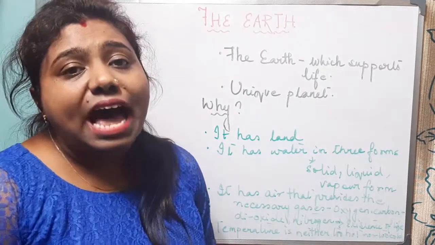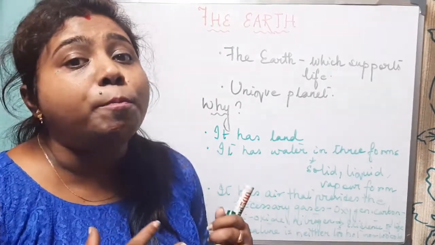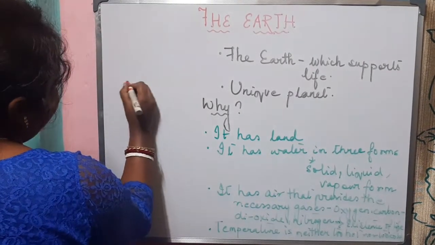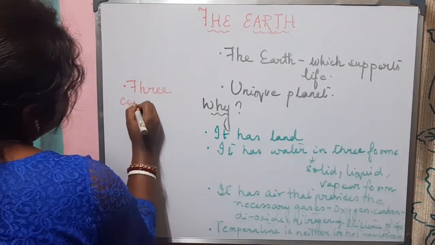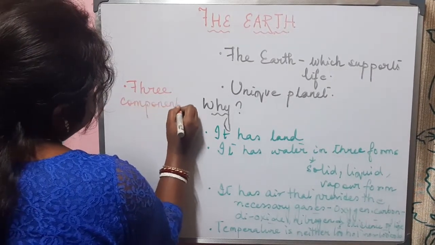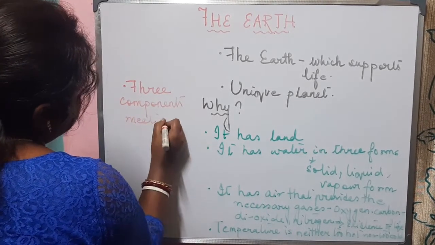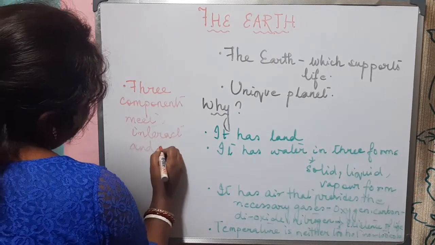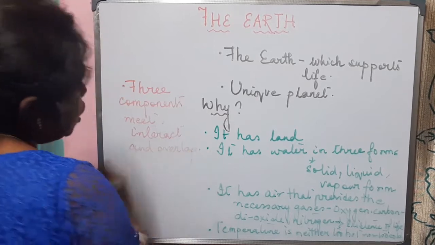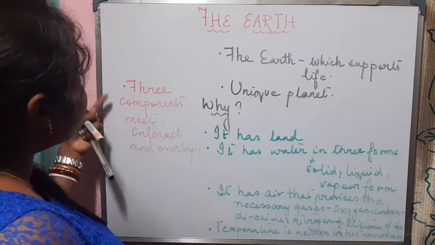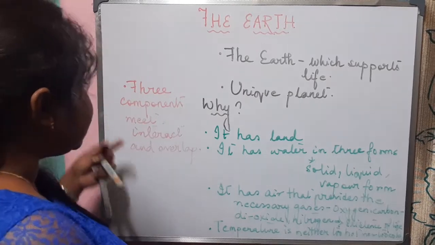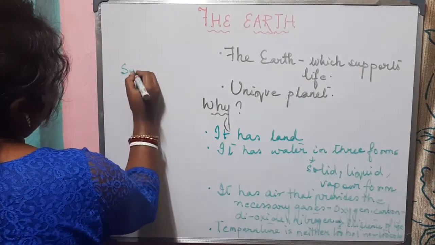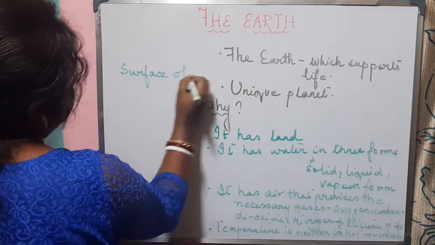Now we will see that the surface of the earth is a complex zone. Why is the surface of the earth a complex zone? Because there are 3 components that meet, interact, and overlap.